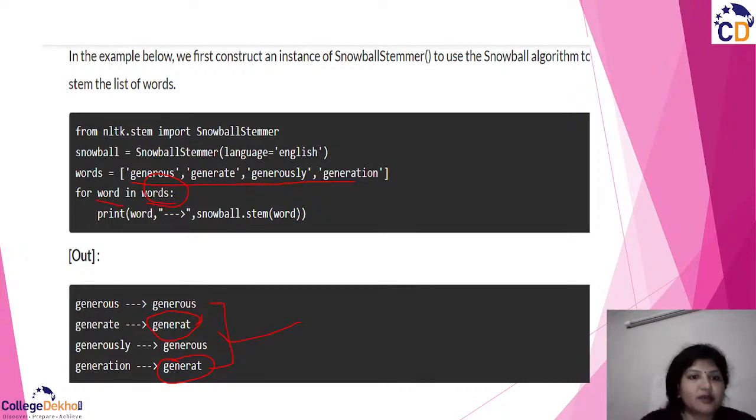This is the basic library for using the stemmer functions, and for lemmatization we will be using some other library. You need to import this package, otherwise your different types of stemmers won't work.